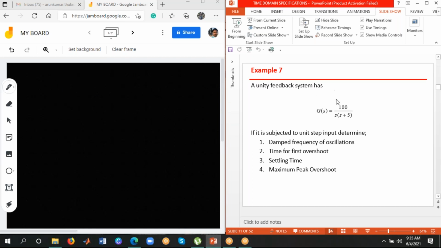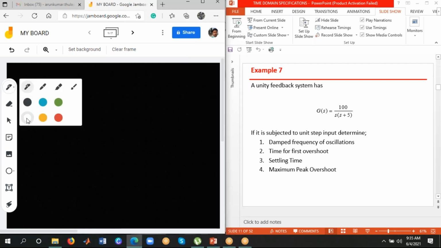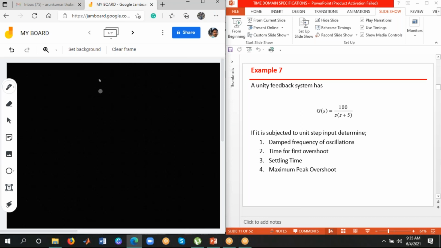So in this equation, I want to know what the zeta value is and what the omega n value is. Find the zeta value and omega n value for this problem.